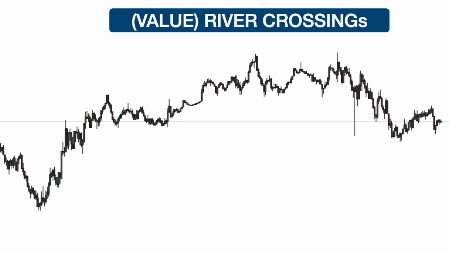So here we are. Here we have a price chart, a simple price chart, and it could be any price chart in the world. They all operate in exactly the same way. So it doesn't matter whether you're trading the Dow Jones, the Nasdaq, the FTSE 100, the DAX, any of them. They all operate in the same way.